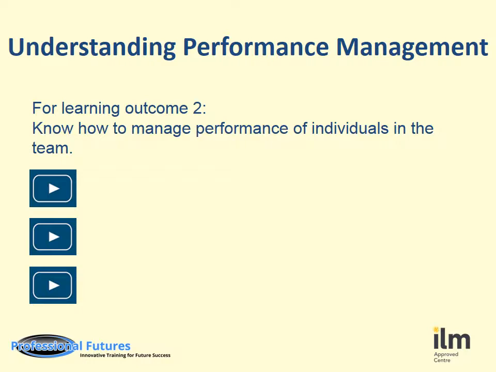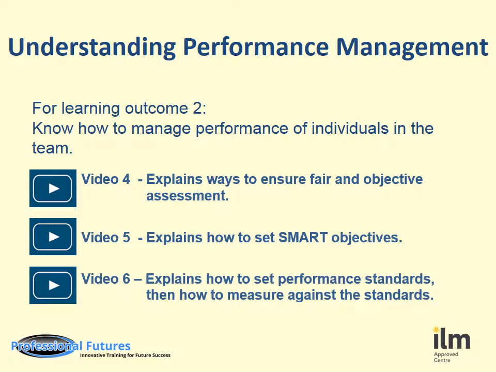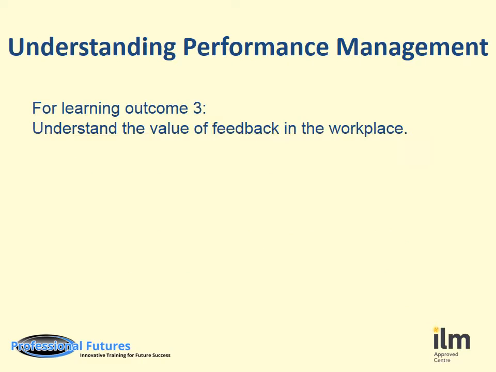To support you with Learning Outcome 2, there are 3 videos available. Video 4 explains ways to ensure fair and objective assessment, whilst Video 5 explains how to set SMART objectives. Video 6 explains how to set performance standards and then how to measure against these standards. Learning Outcome 3, which is Understand the Value of Feedback in the Workplace, is split into 2 assessment criteria.